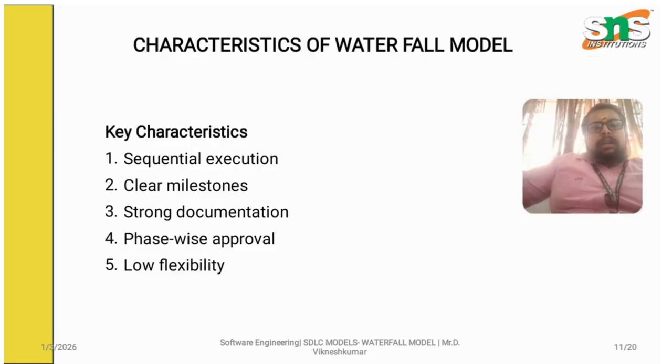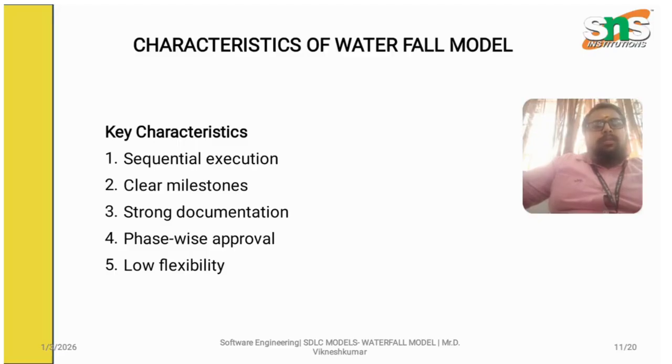Okay, next we are going to see the characteristics of the waterfall model. First, as we said earlier, execution will be sequential. We should have clear milestones; once a milestone has been cleared, we can complete that phase.